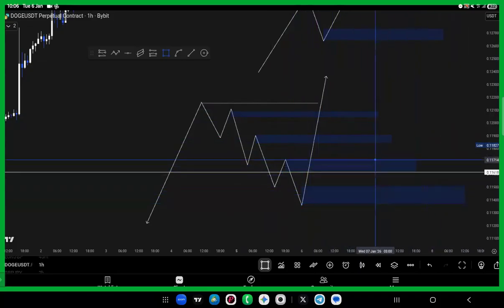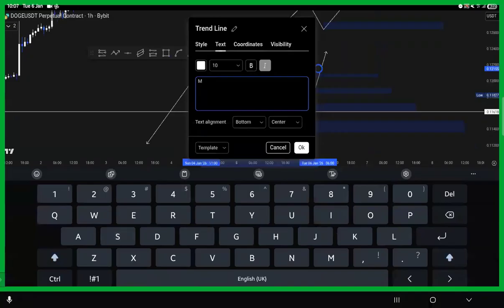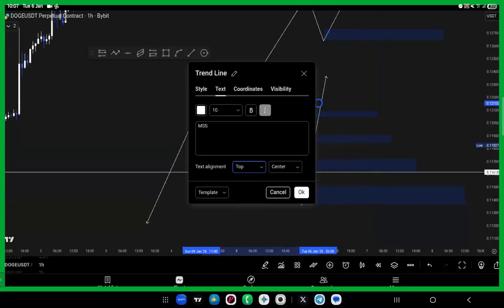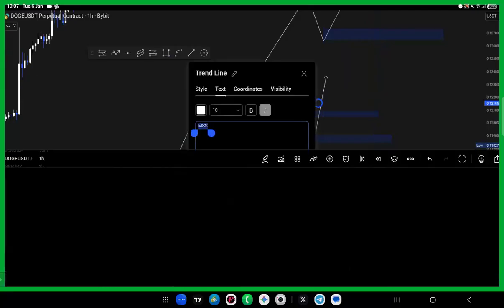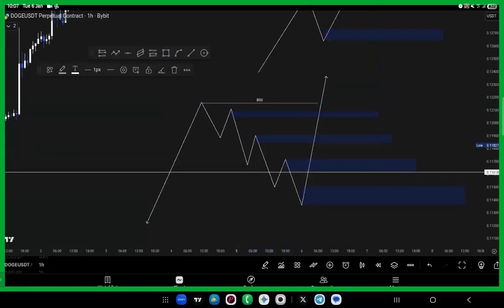Now, what is the order of the points of interest? First of all, remember the validation: your break of structure first, which we have seen here, or rather your market structure shift. In this case, this is a break of structure, so BOS. Now, this is our break of structure to the upside.